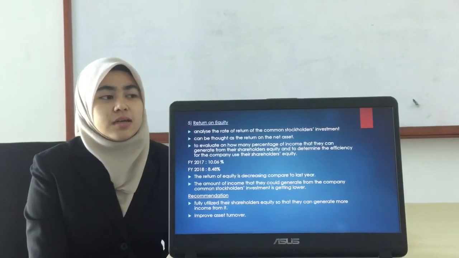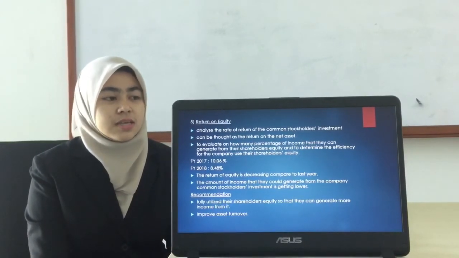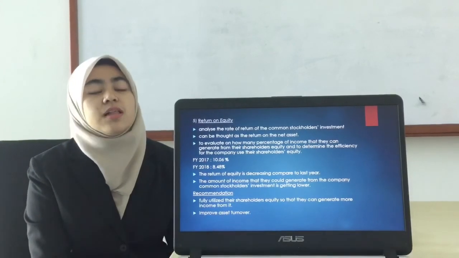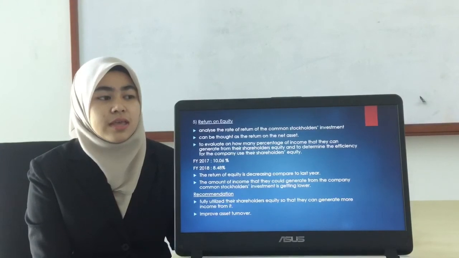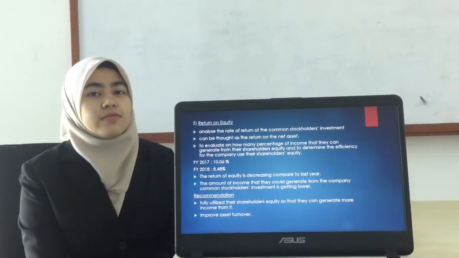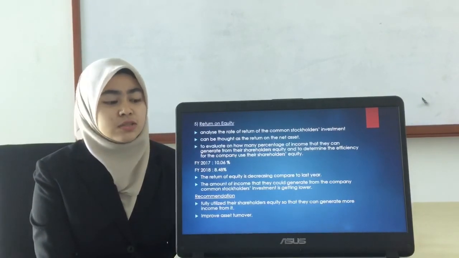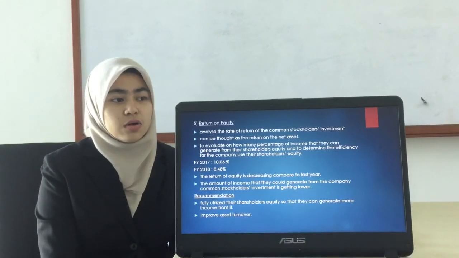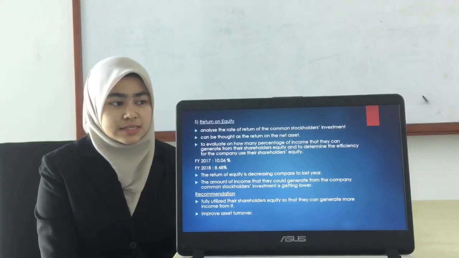For Pharmaniaga, based on the financial year 2017, the company was able to gain about 10.06%. Meanwhile, in year 2018, the company gained about 8.48%. It shows that Pharmaniaga is facing a downgrade of about 1.62%, which indicates the return on equity is decreasing compared to the last year.